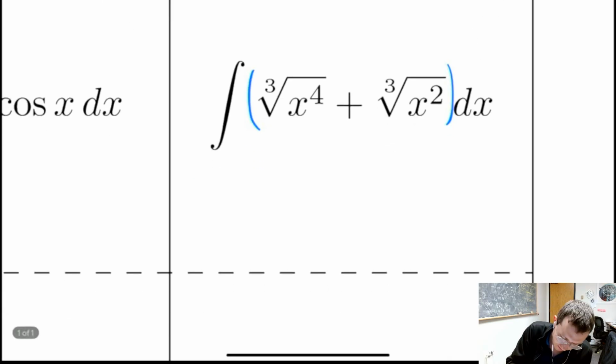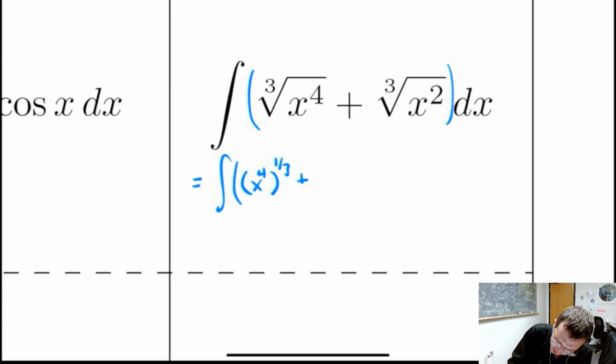And what I'm vaguely hinting at is I'm going to rewrite these roots with exponents. So a cube root is the same thing as a 1/3 exponent.